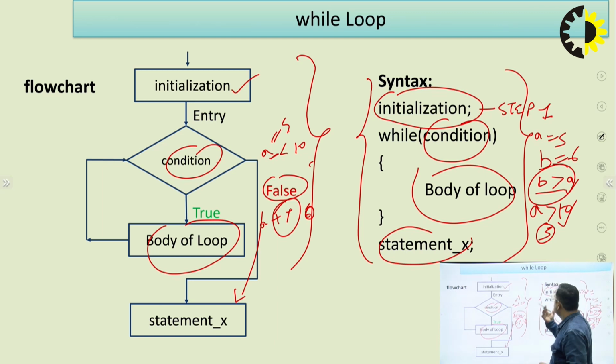So this is the loop. For while, initialization is done first, then the condition, and then the body of the loop. If the condition is met, this executes that many times till the condition is true. If the condition is false, the execution outside of the body gets executed.